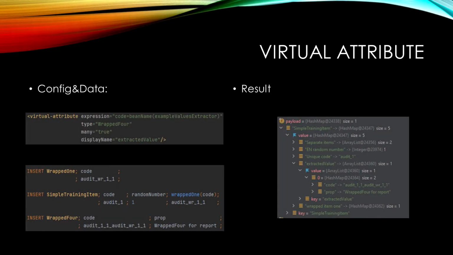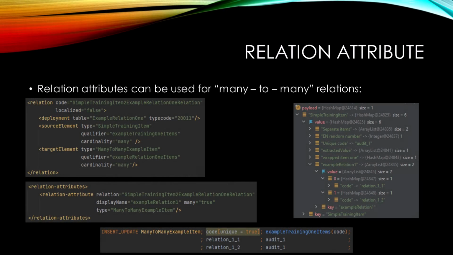Extractor is declared as a Spring Bean and is referenced by identifier. To report items from many-to-many relations, use relation attribute.